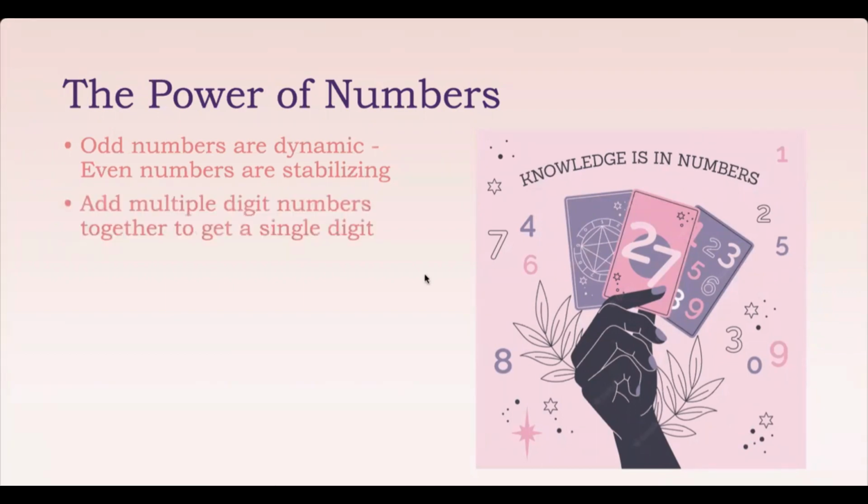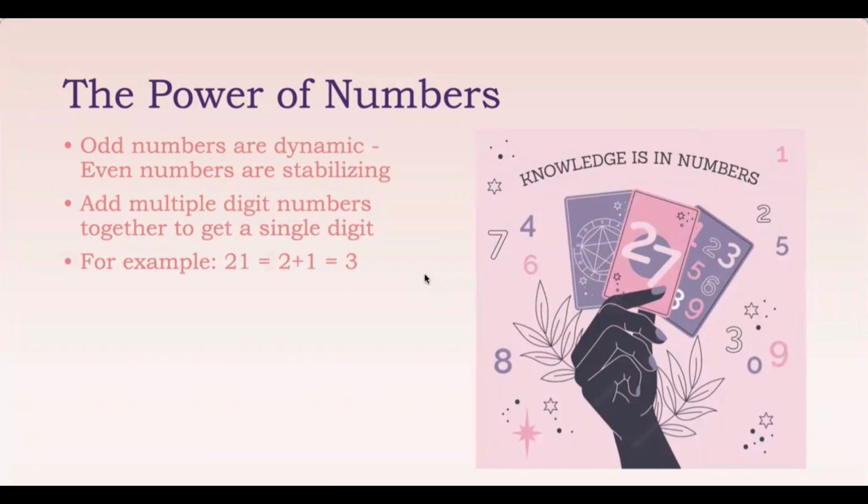Now, when we want to reduce a number from a larger number into a single digit, because when we're working with numerology, we're working with single digits, we might have to reduce a number to get there. So for example, if we have the number 21, let's say we want to use our birth date as a special key in a spell to link the spell to us, and let's say our birthday's on the 21st.